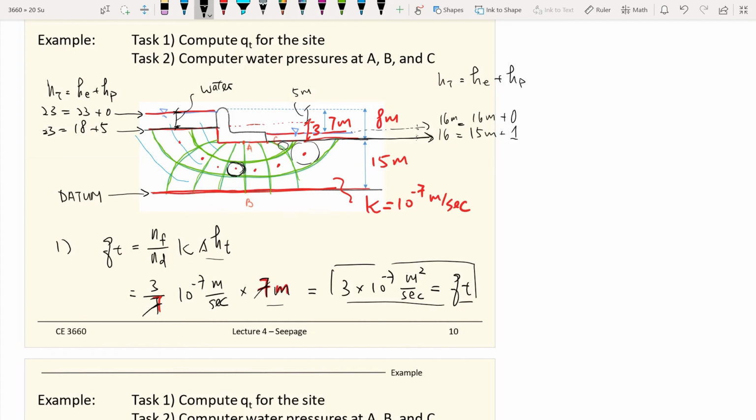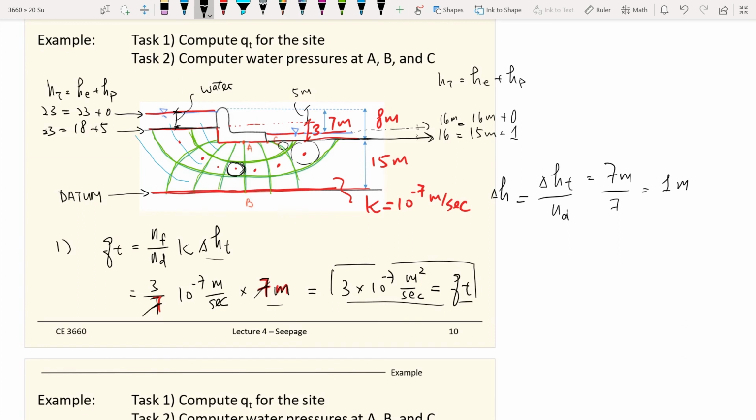So the total head loss will be equal to 7 meters, and Nd, the number of drops, is 7. Divided by Nd, which means it's 1. Well, we don't have a unit for that. So it's 1 meter, which means each head drop, we lost 1 meter for this example.